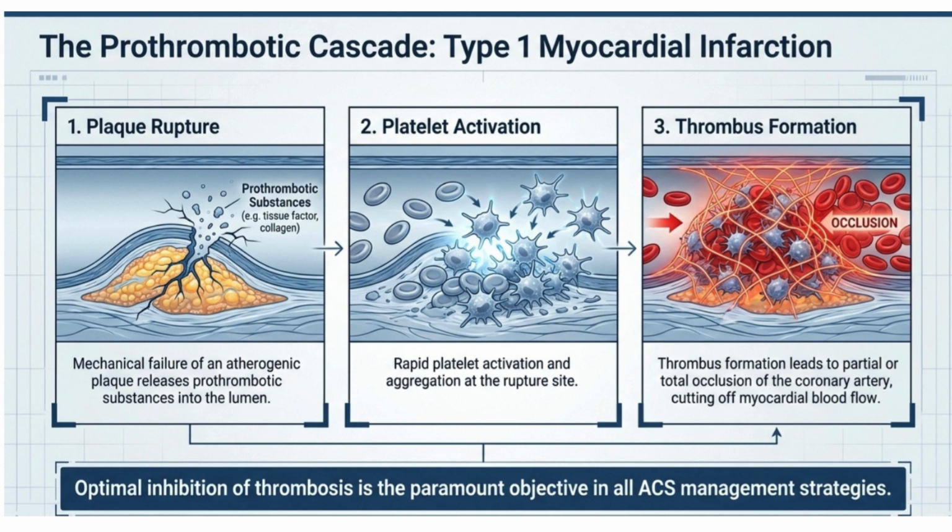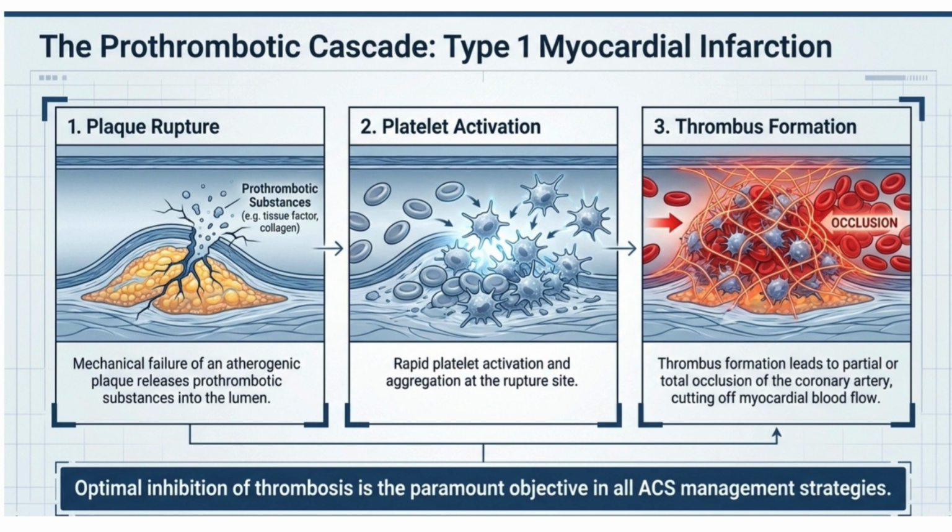This exposure immediately triggers step 2, platelet activation. Under normal conditions, platelets float passively through the lumen. But the second they detect tissue factor and collagen, they undergo a rapid morphological transformation. They change from smooth discs into highly reactive spiked structures.